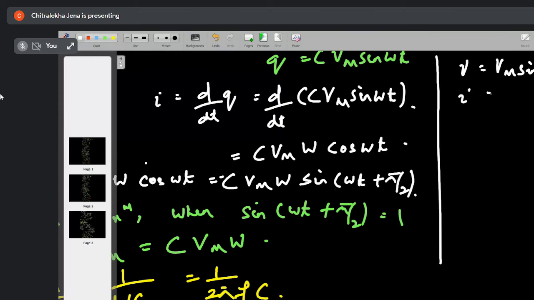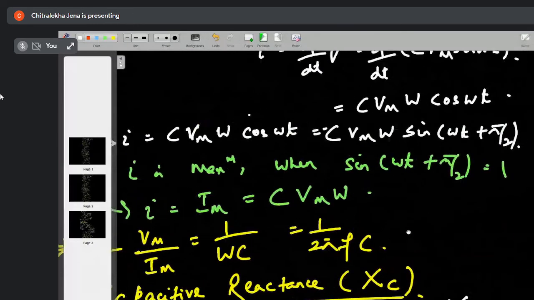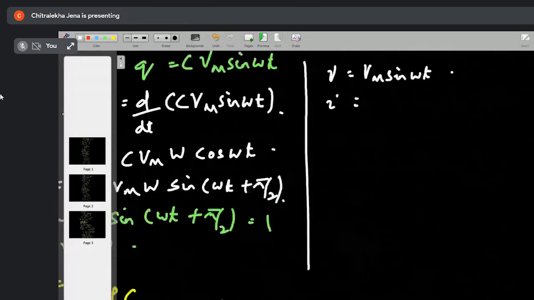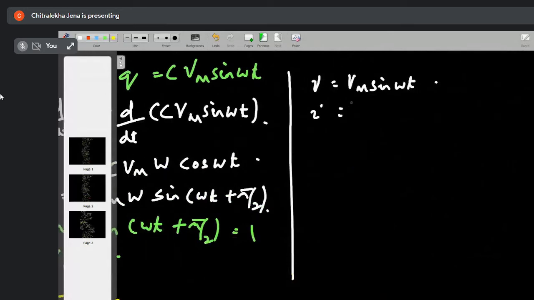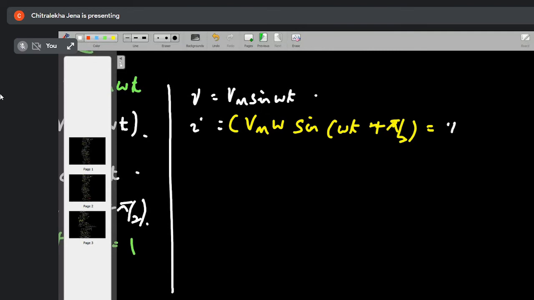I is equal to C Vm omega sine omega t plus pi by 2. So this is C Vm into omega, which is equal to I maximum, sine omega t plus pi by 2.